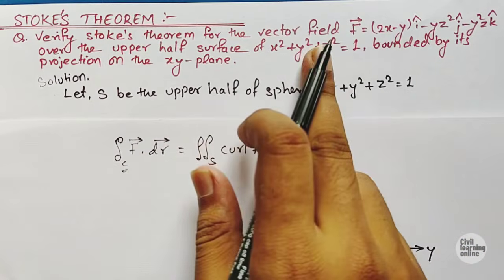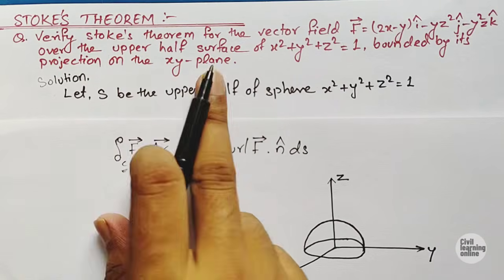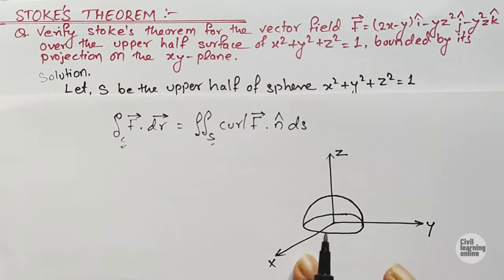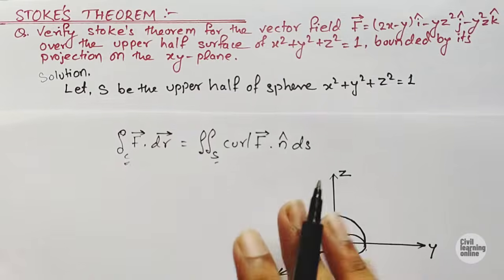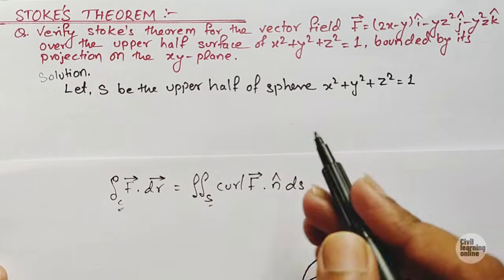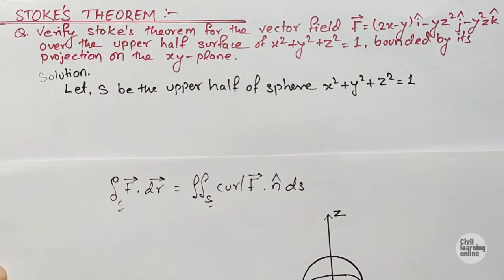This is the equation of a sphere, and the question says projection on the xy plane, meaning half of the sphere is below the xy plane and the upper half is above the xy plane. So we have assumed that the upper half of the sphere is S, whose projection is on the xy plane.